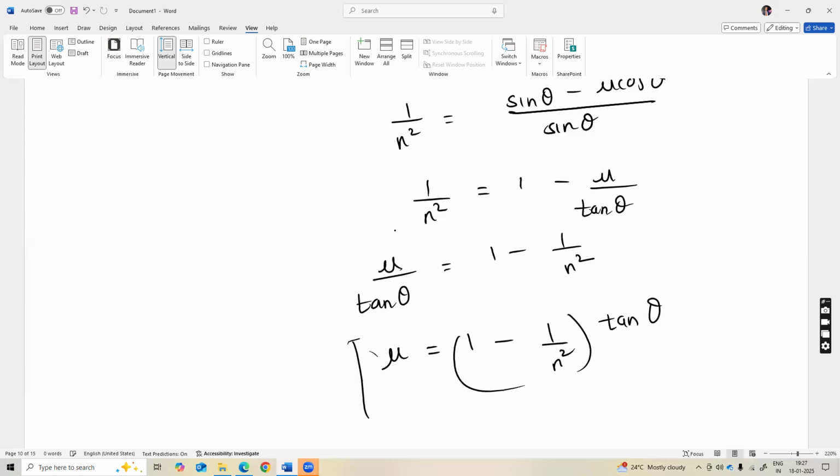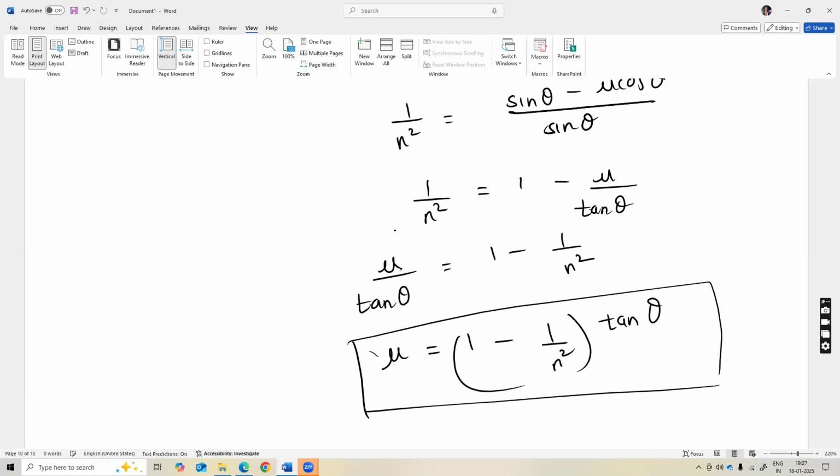So this is one of the important equations. You can remember this. If they give you two cases, in the first case there is an object which is sliding on a rough surface, so there is some frictional value, let's say 0.2 or 0.3. And in the second case, let's say it is smooth and mu is 0 basically.